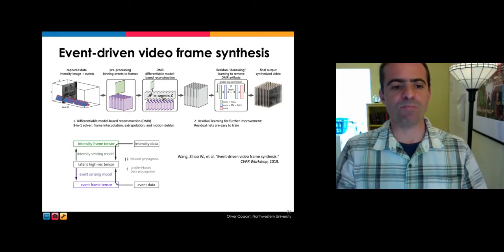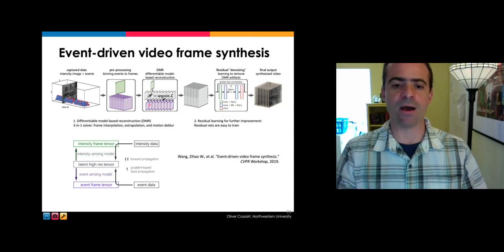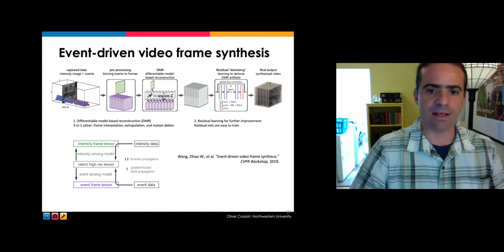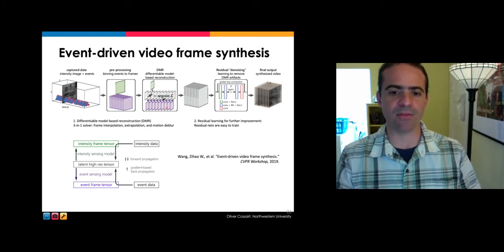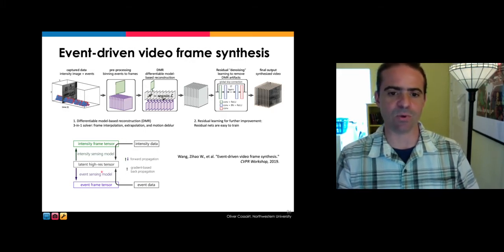We bin together the events into a set of event frames. Together, these event frames and this intensity frame, we form a model of how a high-speed video maps to a single frame and a set of event frames. And then we perform an optimization problem where we try to recover the high-speed video frames by back-propagating information both from the intensity frames that we've captured together with the events as well.